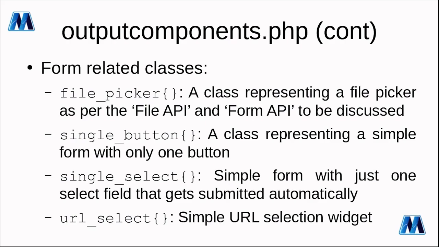There's the single button, which simply gives you a single button process instead of defining a whole form just to have a single button on it. You can generate a single button, a single select, and a URL select, which is a URL selection widget.